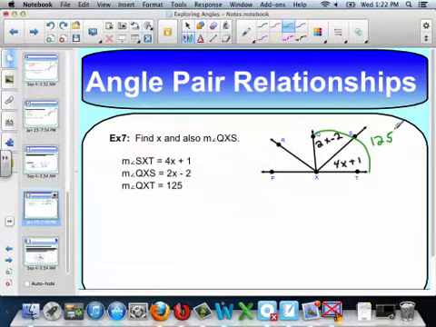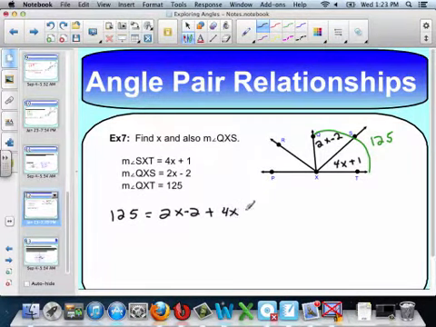All right, guys, put on your thinking caps for a minute. Go back to yesterday. How do we set up the equation so we can solve for x? Joey? 125 is equal to 2x minus 2 plus the additional part of 4x plus 1.